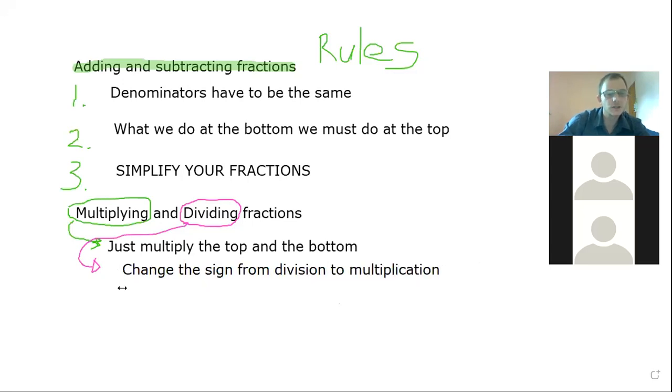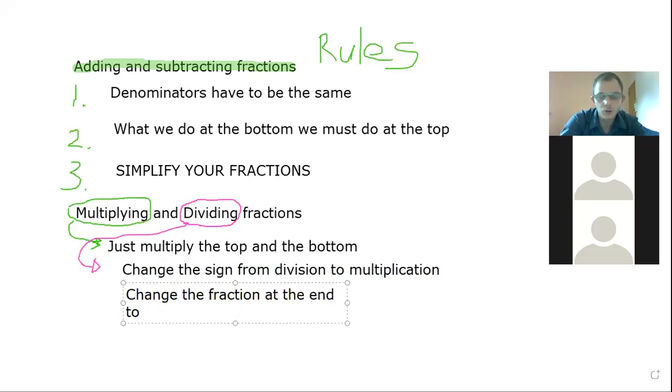And number two is, what is that word? Change the fraction at the end to its reciprocal.